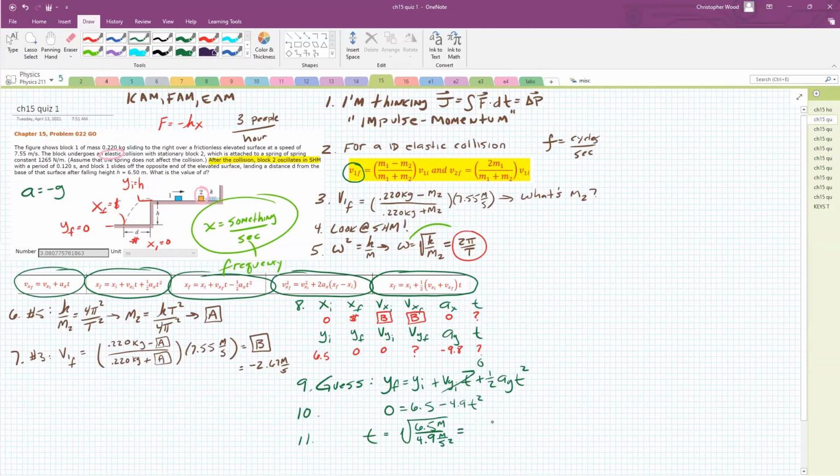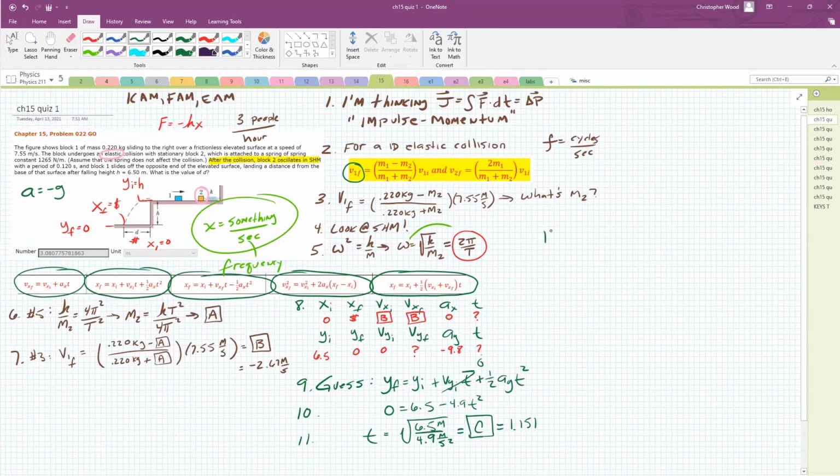I'll get seconds. Whatever this works out to be, I'm going to put in calculator memory location C. That is my time of flight: 1.151 seconds and some change. Store alpha C.